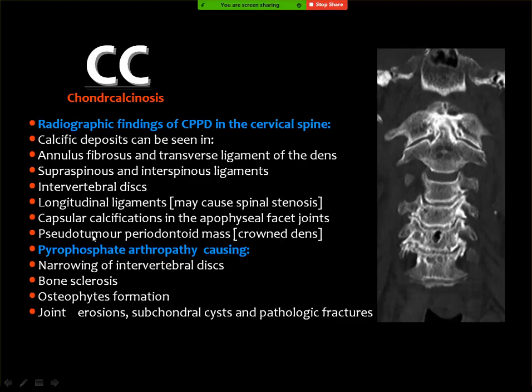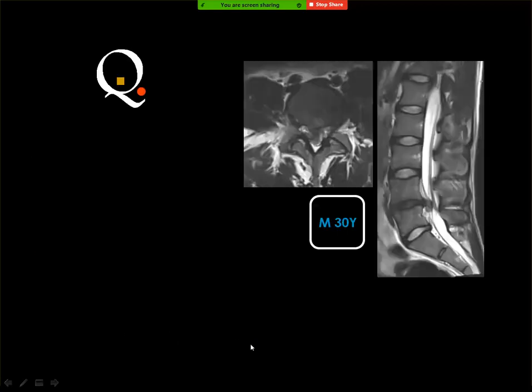And this is our case, which is a pseudotumor, a periodontoid mass, and it is also referred to in the literature as crowned odontoid. Arthropathy may also be seen in the knee and other joints. In the spine, you get narrowing of the intervertebral discs, bone sclerosis, osteophytes, and some joint effusion of the apophyseal joints.